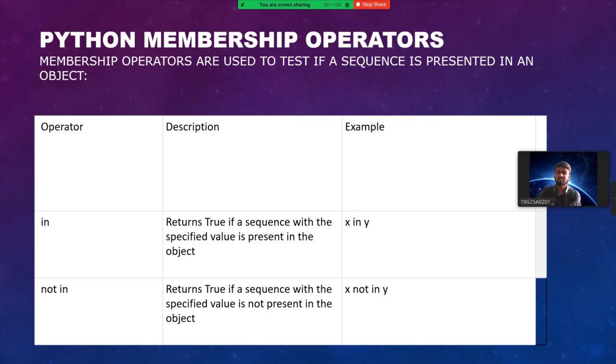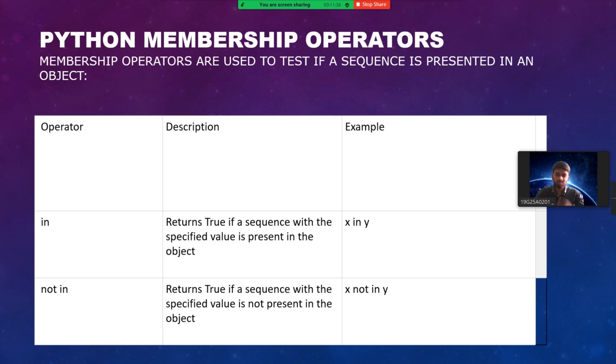First of all, we can see the in operator. The in operator returns true if a sequence with the specified value is present in the object, like x in y, whether the x variable is present in y or not. Like that, the in operator will be used.